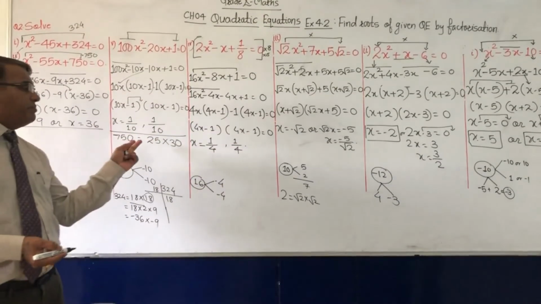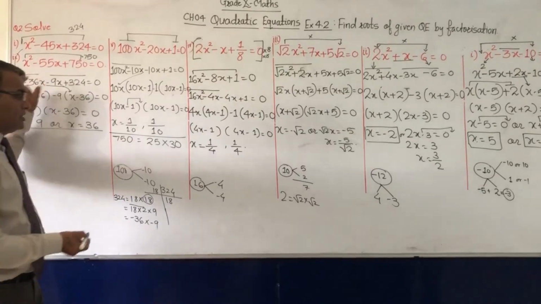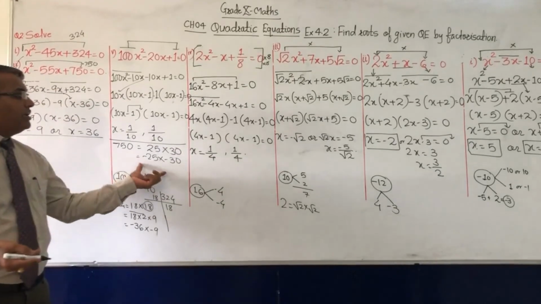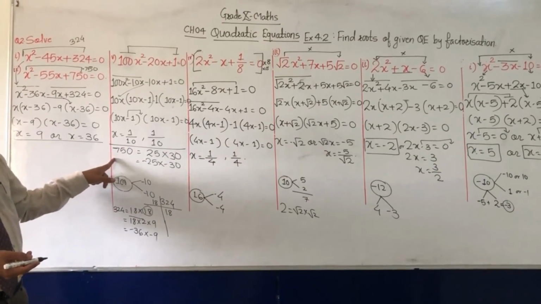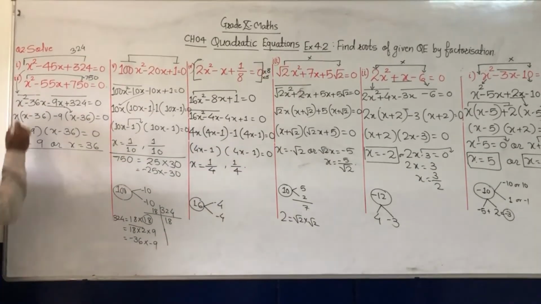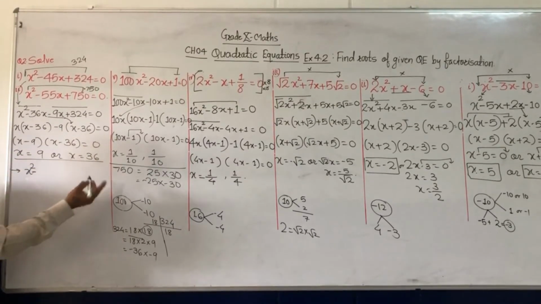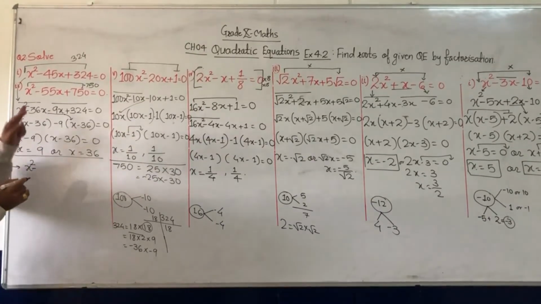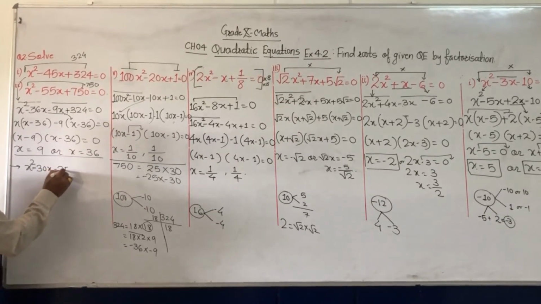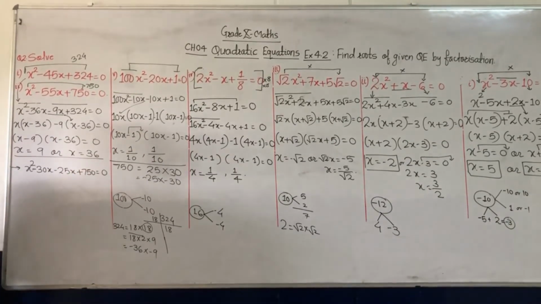As I told you, both the numbers should be positive or both negative. Here we need negative numbers. Minus 25 into minus 30 will give you the required number plus 750, and the addition of these two will give you minus 55. So the first term, then the numbers we got: minus 30x and minus 25x, and the last number is plus 750 is equal to 0.